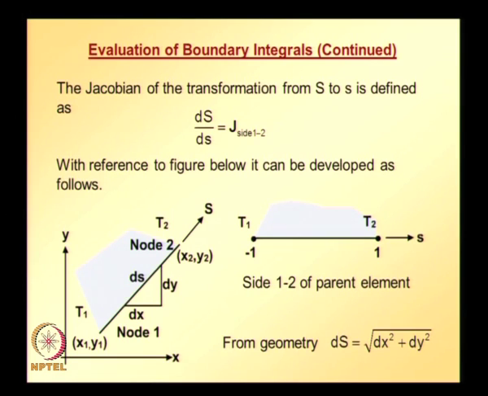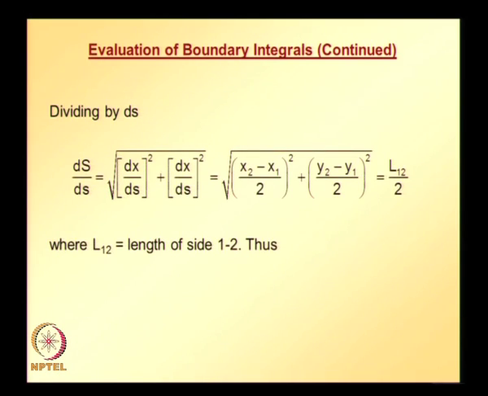If we divide both sides of this equation by d small s, we get this relation, where we can substitute what we obtained from isoparametric mapping, the derivative of x with respect to s and the derivative of y with respect to s. Here there is a mistake: it should be dx over ds square plus dy over ds square. Instead of y, x is printed. So this is the relation.